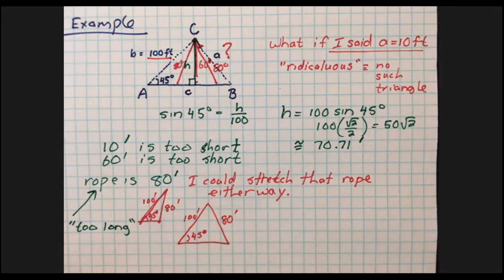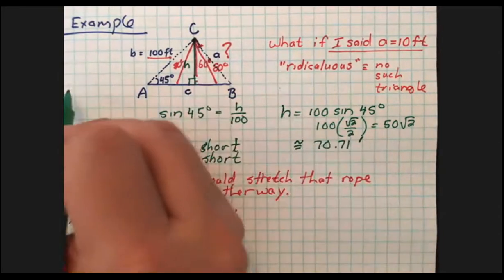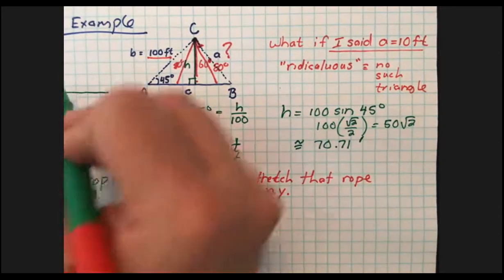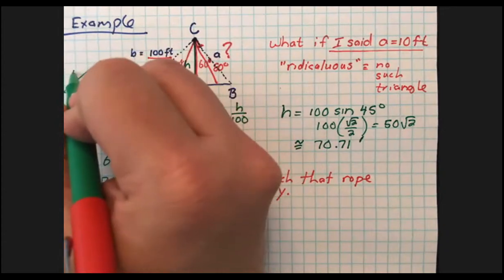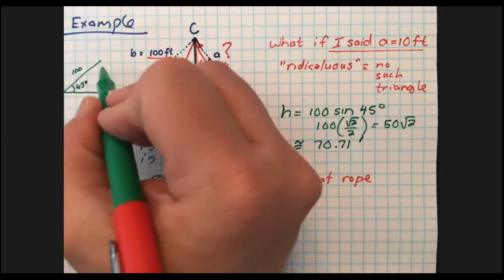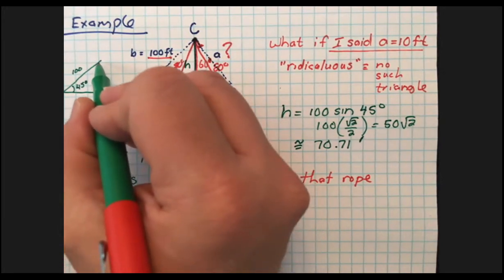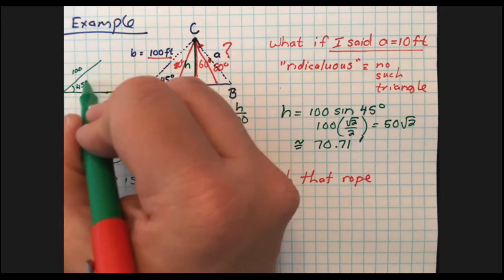I'll go one more step. What if I said the rope was 120 feet? Here's 100. Here's 45. What if the rope is 120 feet? Well, I cannot squeeze that under here.